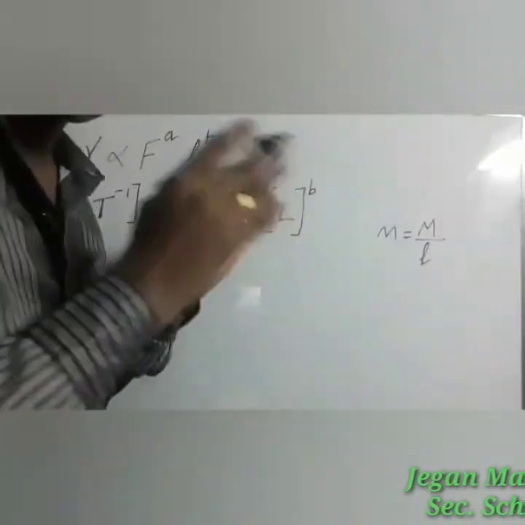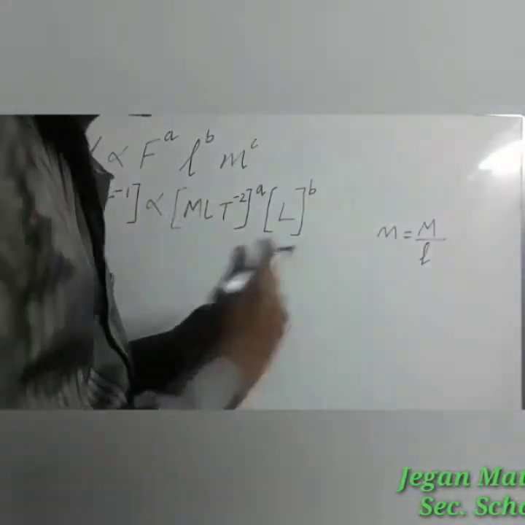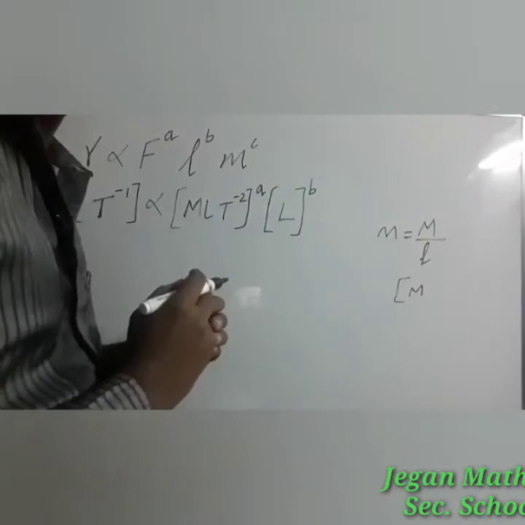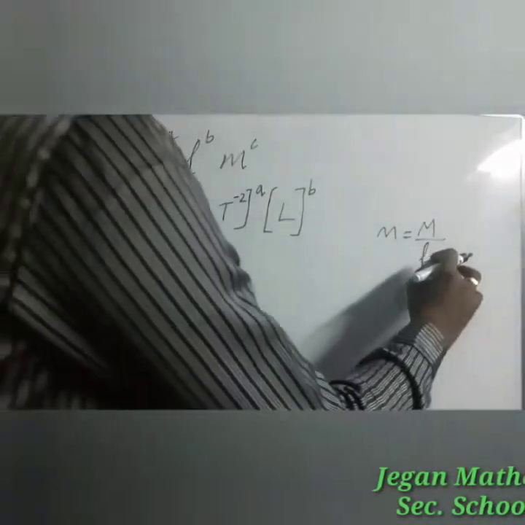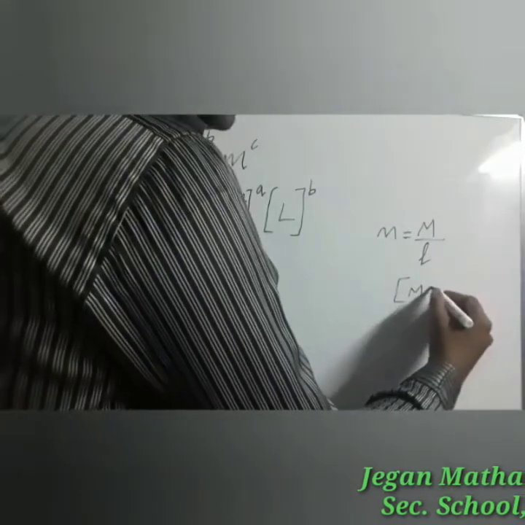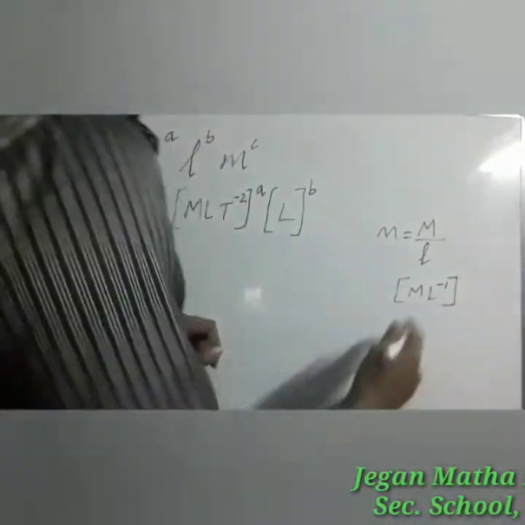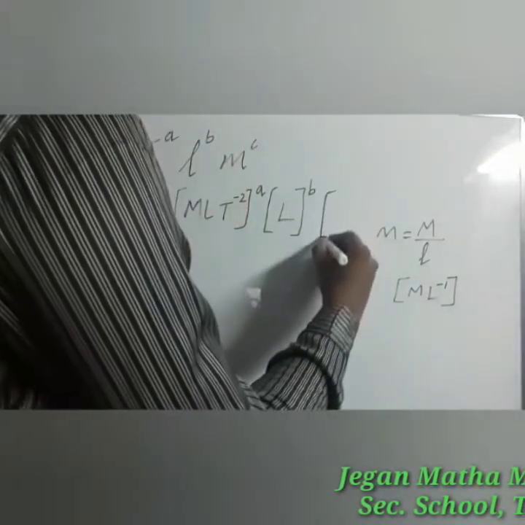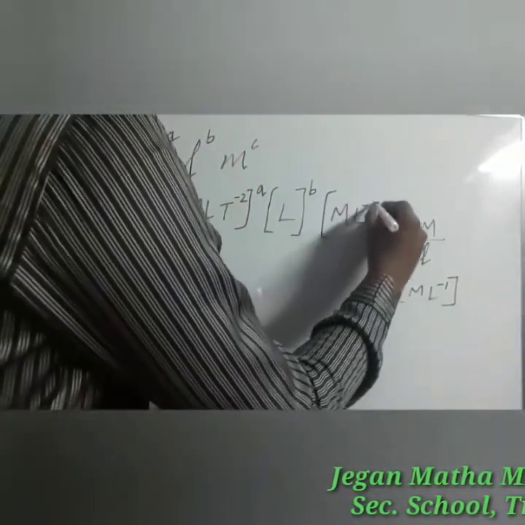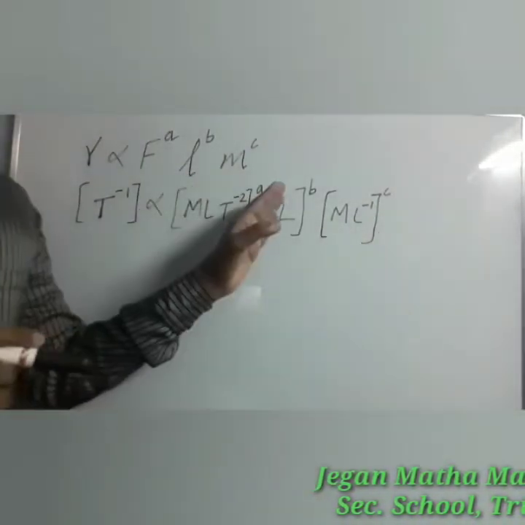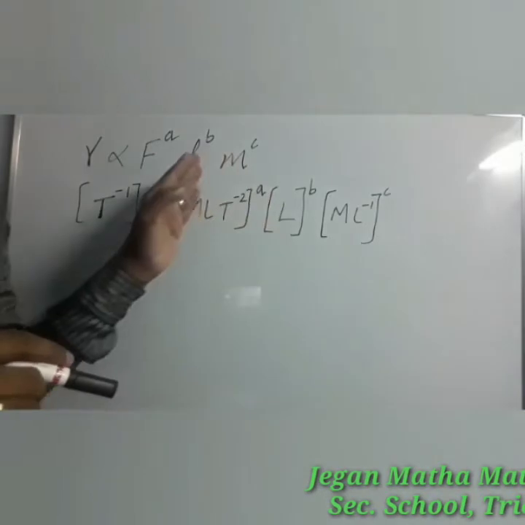If you know the answer you can write it directly. For mass, what is the dimension? M. By length is there. What is the dimension? L. That length can be taken to the numerator. What is the value? L power minus 1. So it is only the dimension for this quantity. So here you can write M L power minus 1, power C. Now I am going to take the dimensions inside the bracket.